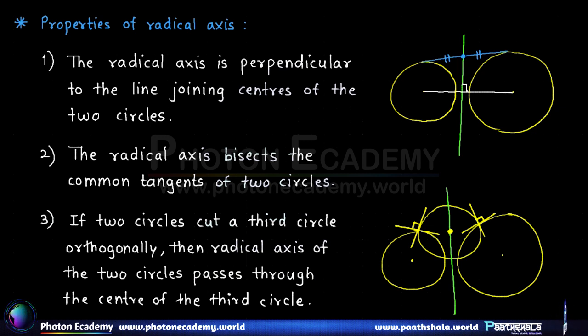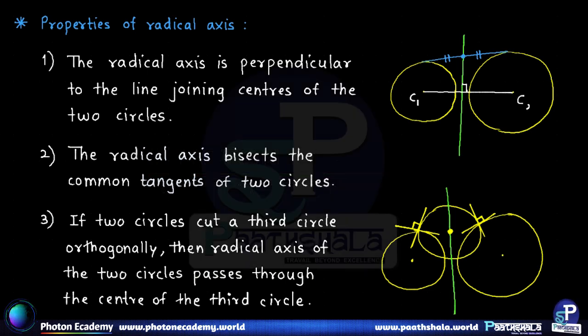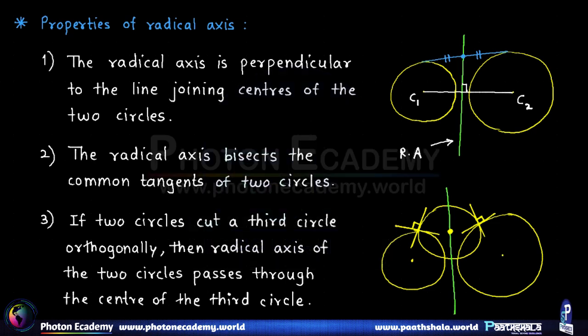If we have two circles as shown in the figure on the right, let us consider the two centers as C1 and C2, and a line segment joining the two. This radical axis is perpendicular to the segment joining C1 and C2.